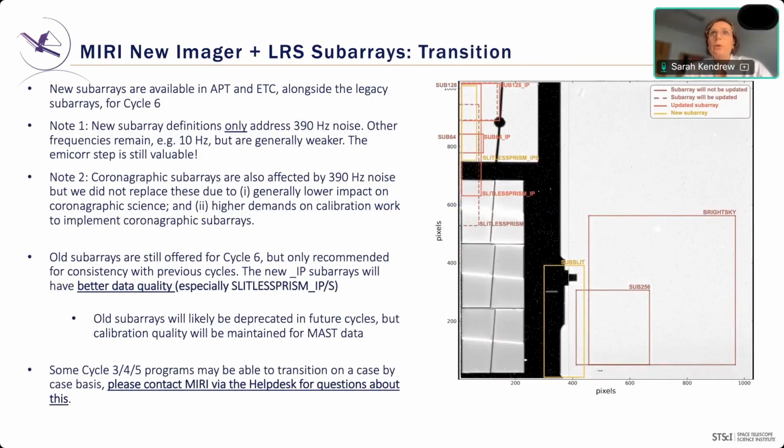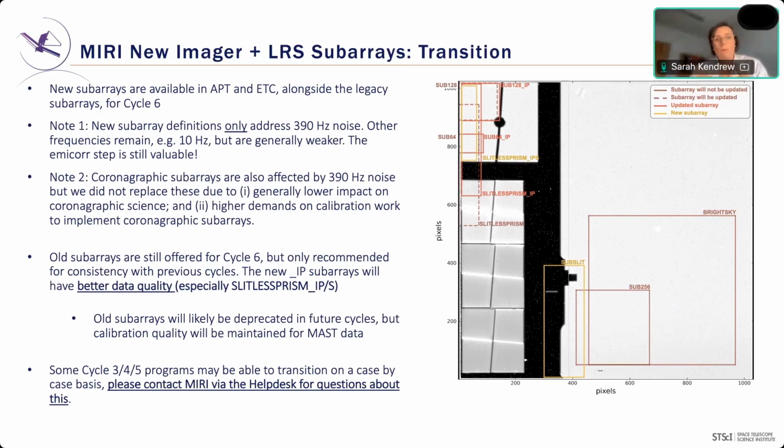I wanted to include one slide on the transition for this. Again, another nice view of the focal plane, highlighting these new subarrays. They are available in APT and ETC alongside the legacy older subarrays for cycle 6. So we are keeping the legacy set of subarrays available in cycle 6.